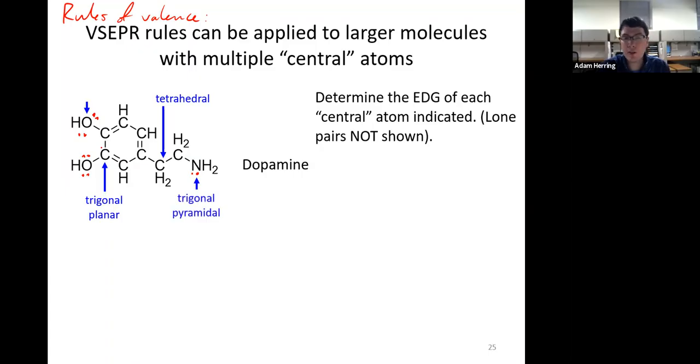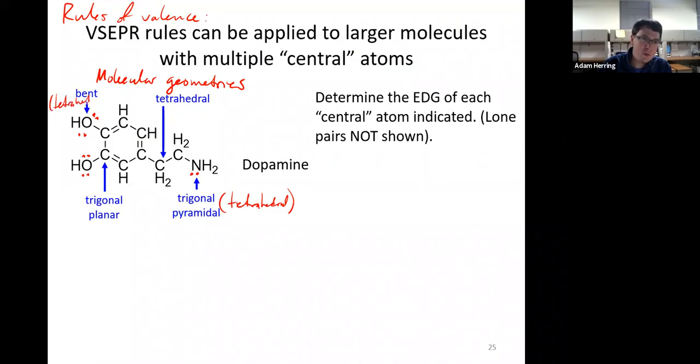Trigonal pyramidal on this nitrogen. And this would be bent. Now, I've made a little mistake here. I've indicated the molecular geometries, which I did not ask you to do, but maybe you did instead, or in addition. For electron domain geometries here, we still have tetrahedral, and here we have tetrahedral. There we go.